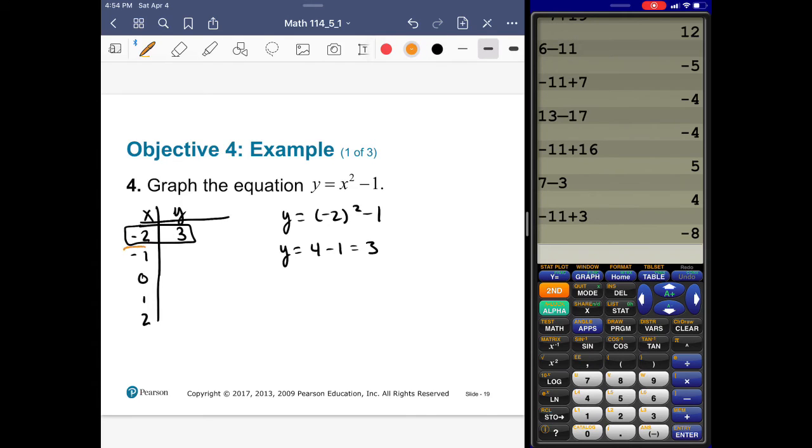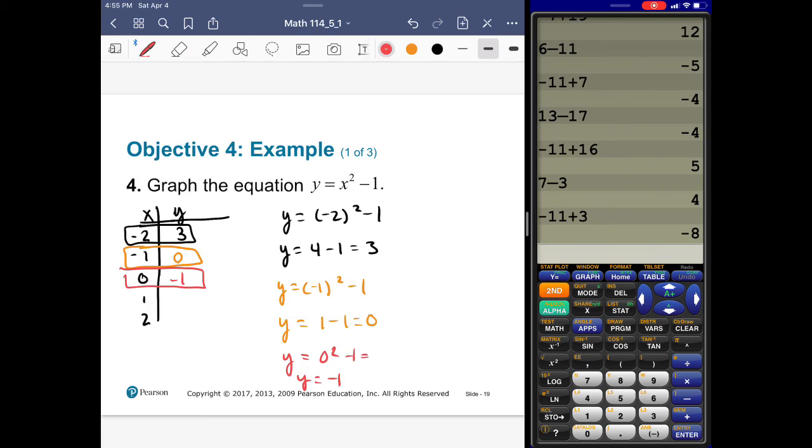Then for this I have y equals -1 squared minus 1. It's 1 minus 1, which is equal to 0. So I have y equals 0 squared minus 1.